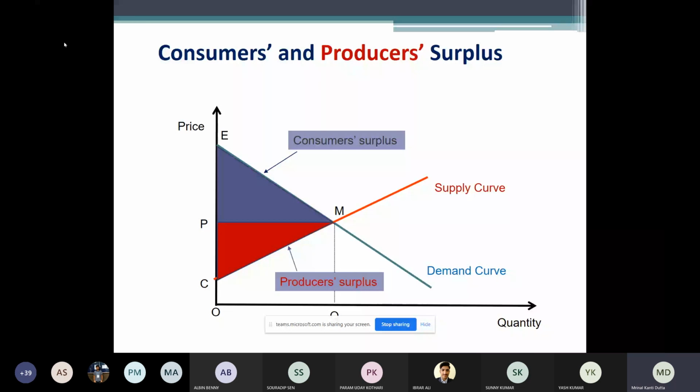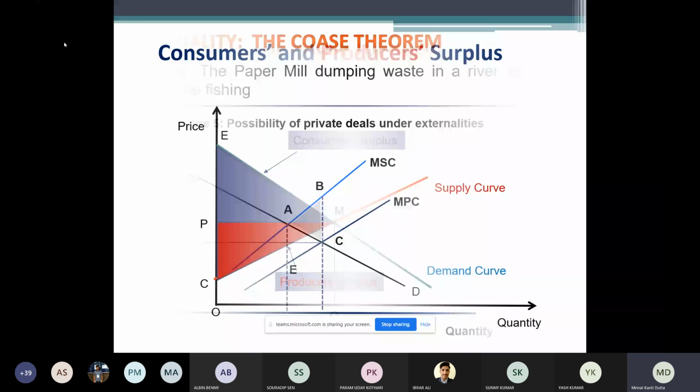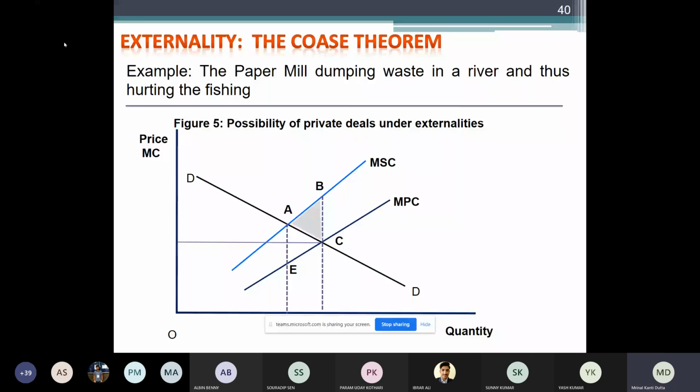Let's see what it is. So you just see here, initially the market forces will decide on the quantity to be OQ, but since that will affect the welfare of the fishermen community, they will expect that the output is reduced to OQ1. If that happens, there will be some reduction in the producer and consumer surplus. What is that reduction? The amount is given by the shaded portion.